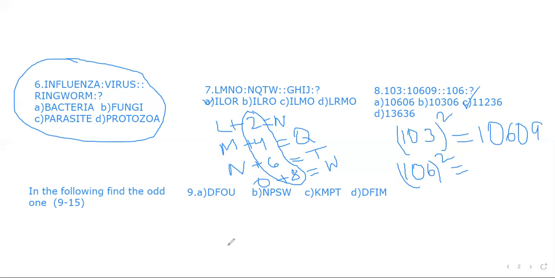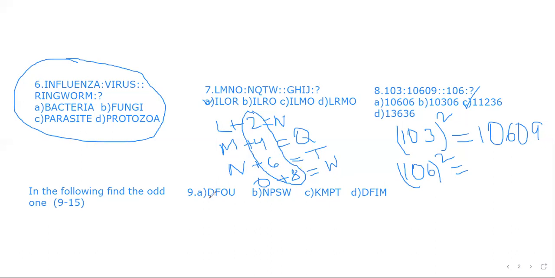Now here we have to check all the options. D, F, O, U. N, P, S, W. K, M, P, T. D, F, I, L. So try adding. It's not like you compare two.